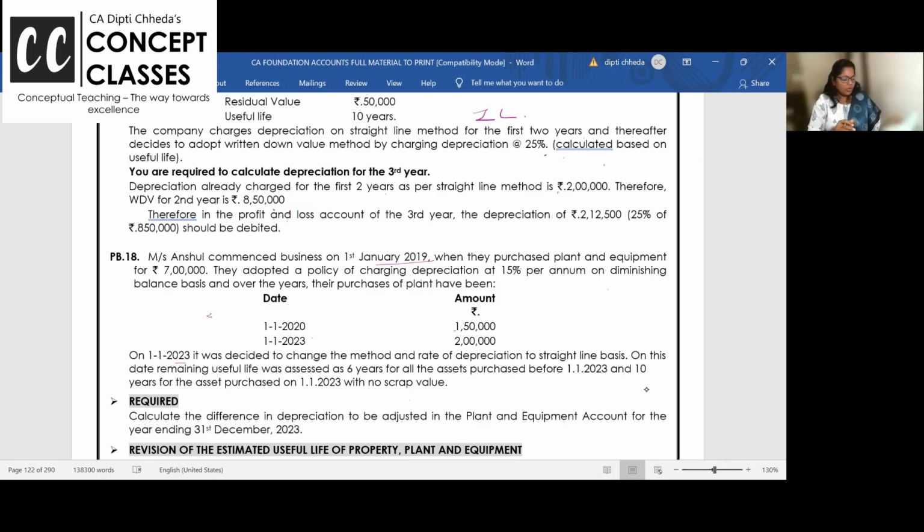So how you are going to work out this? Let us see. These are all like 2 minutes concept. Change in method, revaluation, I'll take very simple problems they are. Eighteenth problem we will take up now.